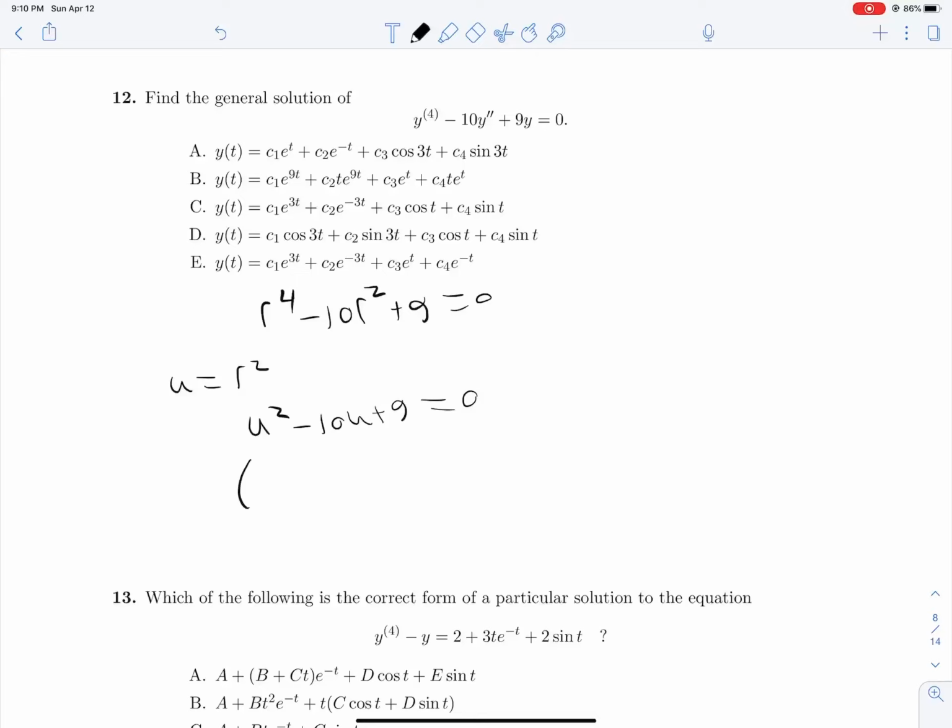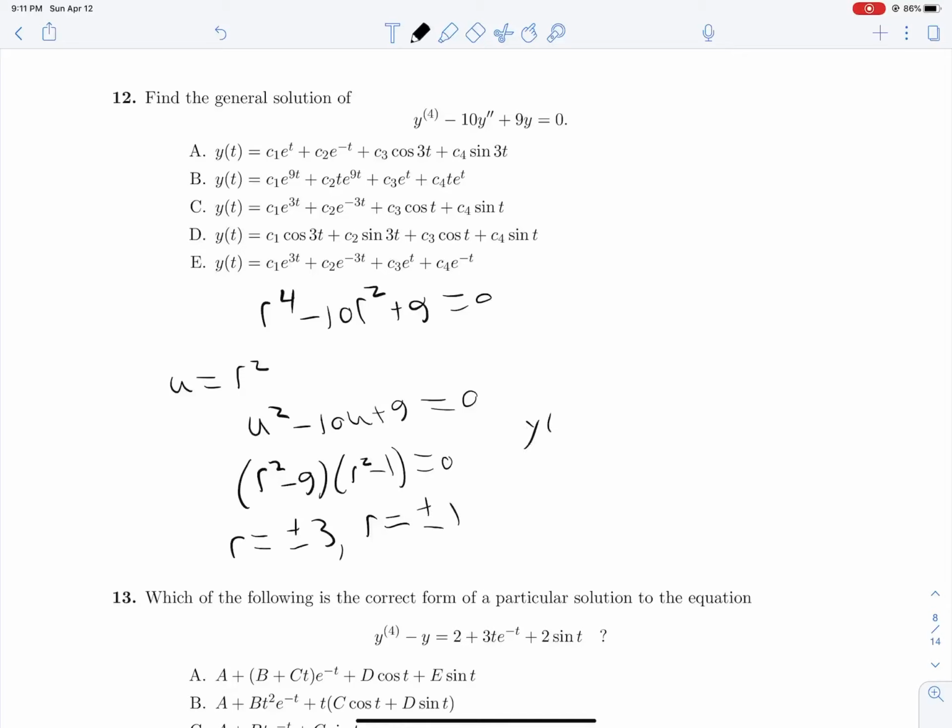We will get u minus 9, u minus 1 is equal to 0. Then we can undo our substitution and replace these with r squareds, and really, that's just a semantic difference. But solving these two, we will get r is equal to plus or minus 3, r is equal to plus or minus 1.